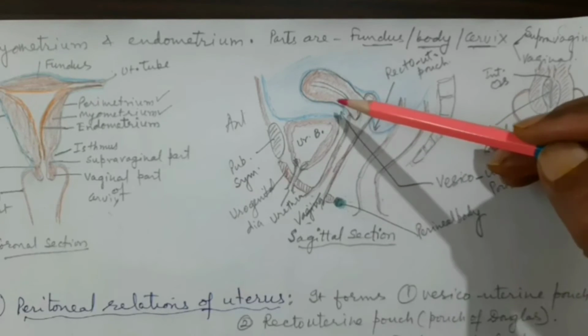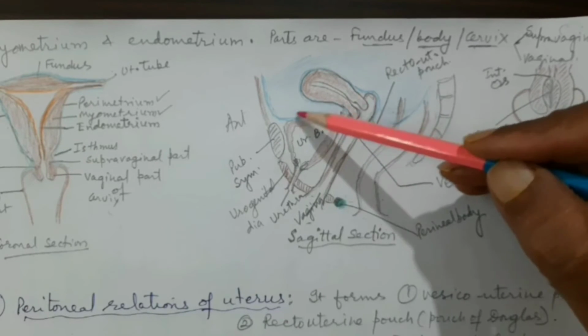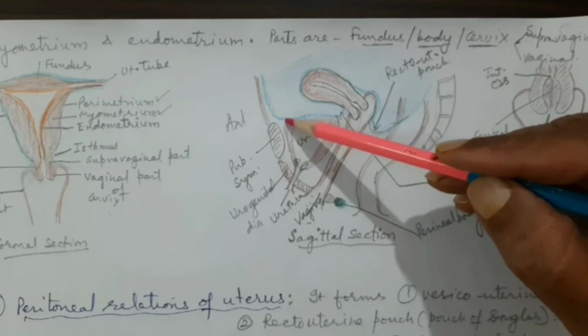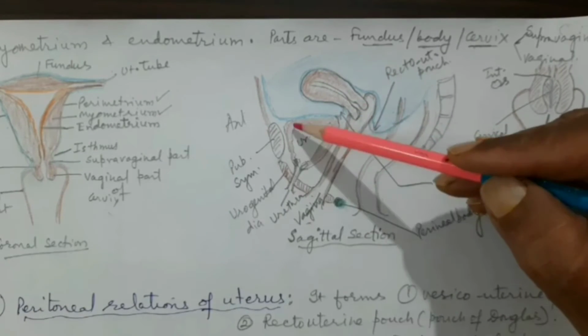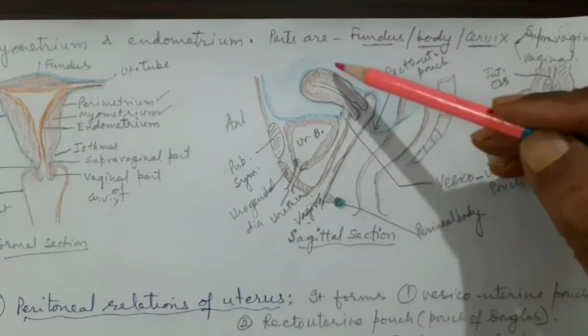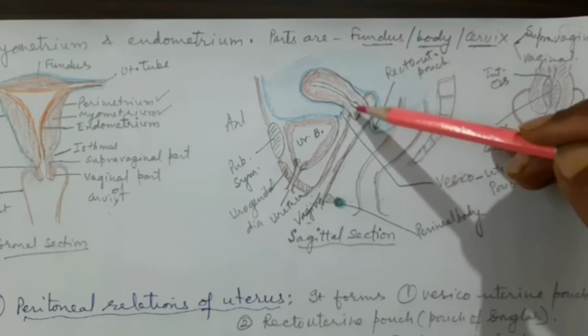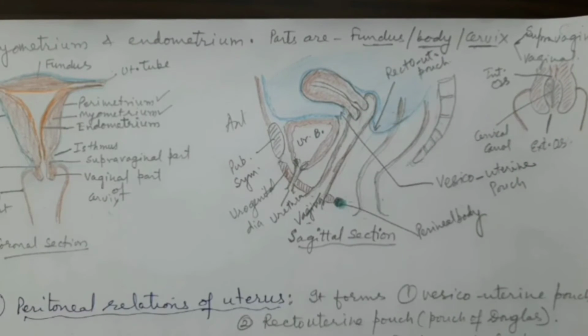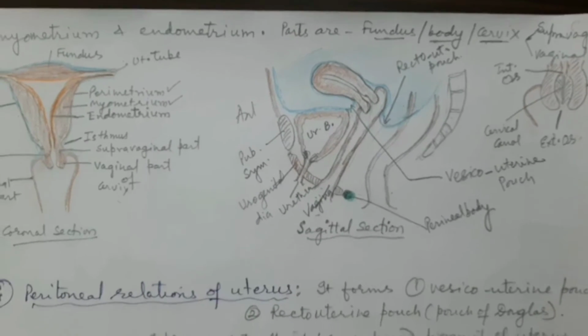That means the anterior surface will come close to the superior surface of the urinary bladder. But when the urinary bladder is full, then this uterus will be pushed backward, and the obliquely placed uterus on the superior surface of the urinary bladder will become almost vertical.